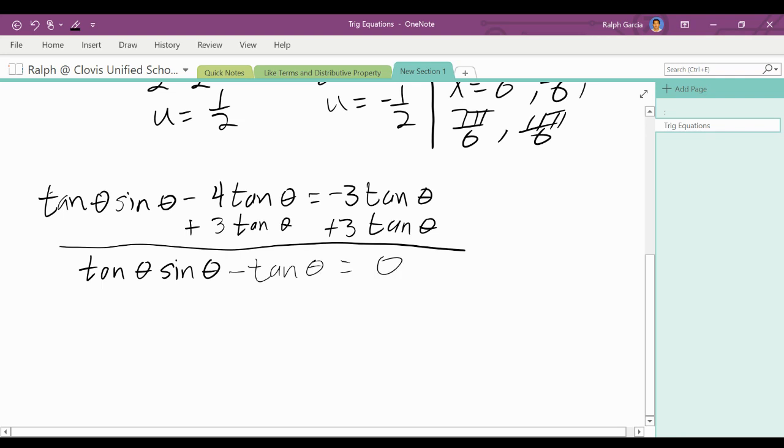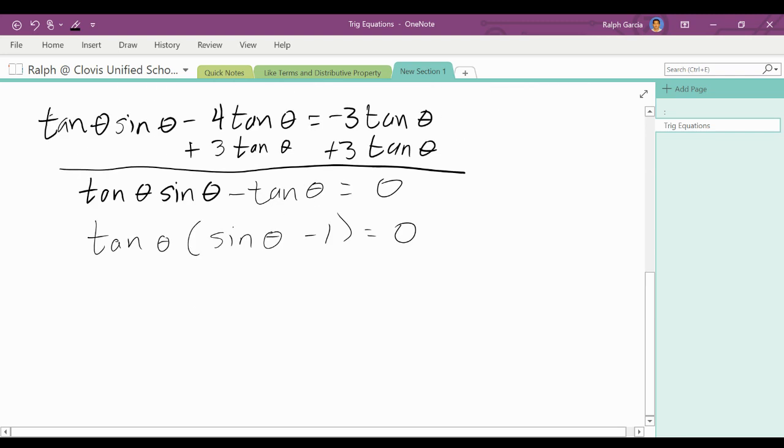Because I had negative 4 and positive 3 tangents. Now I'm going to take a GCF out on this left-hand side, and then that equals 0.